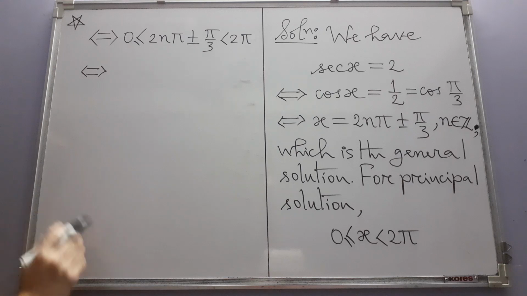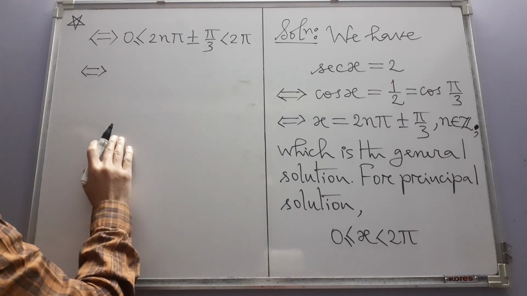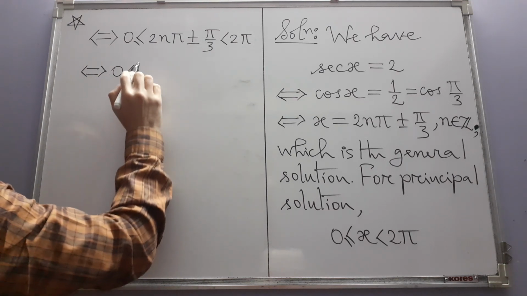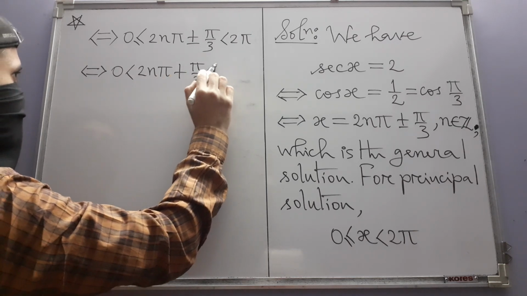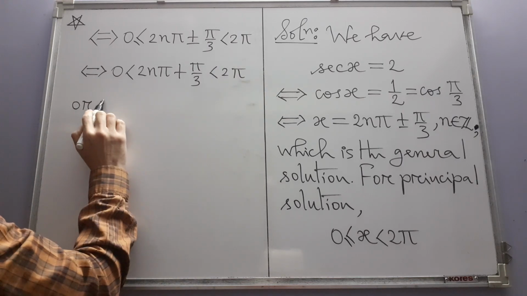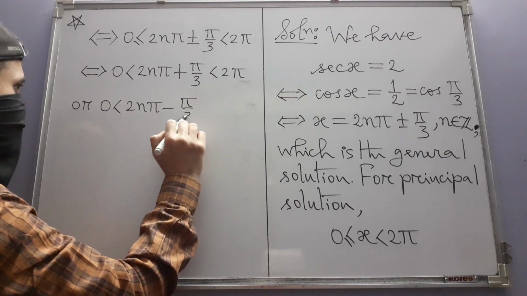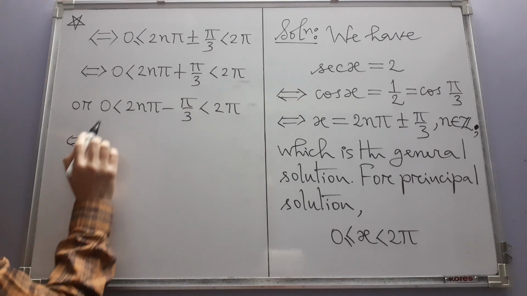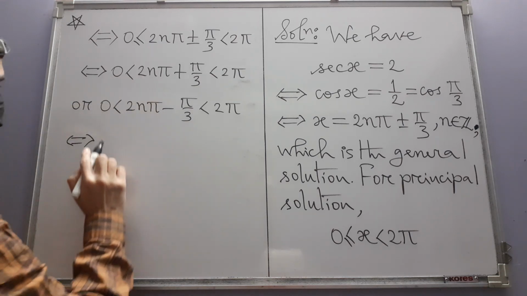For the sake of simplicity and so that we do not make any mistakes, I am going to write two things here, depending on which one we are choosing. Less than 2 pi, or minus pi over 3 less than 2 pi. Now we continue working on both of these sets of inequalities.